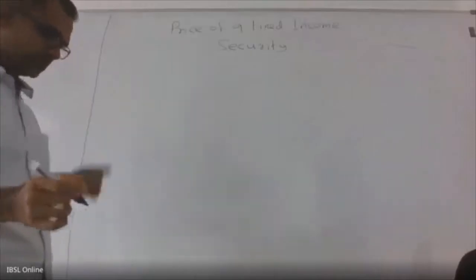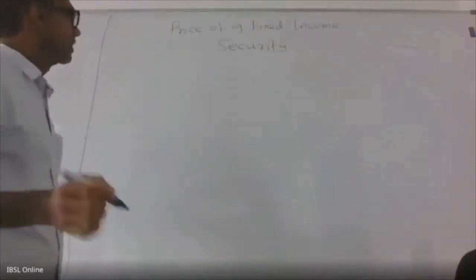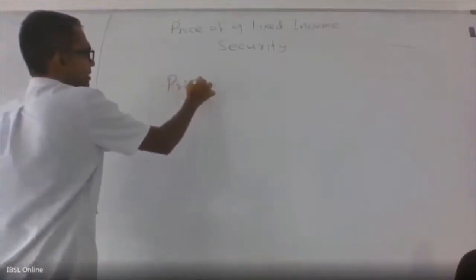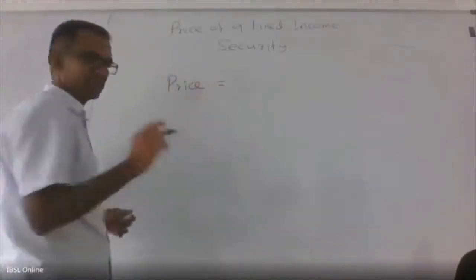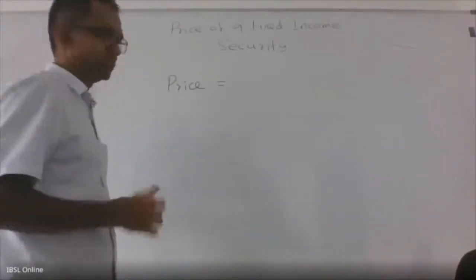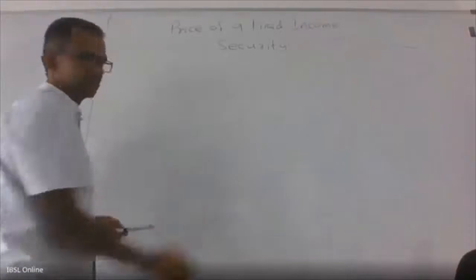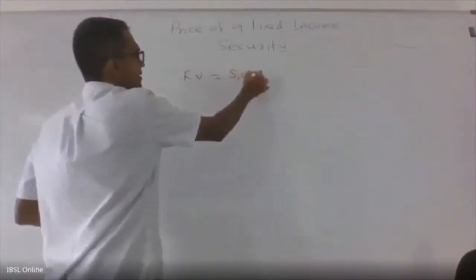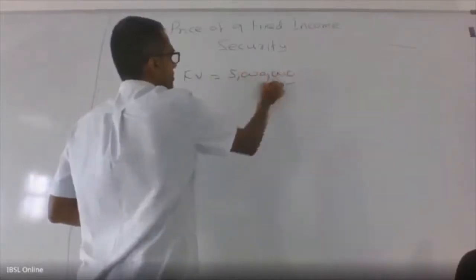Now, I will discuss the price again. Last week when we discussed pricing, I mentioned the example where the face value of the bond is 5 million or something.